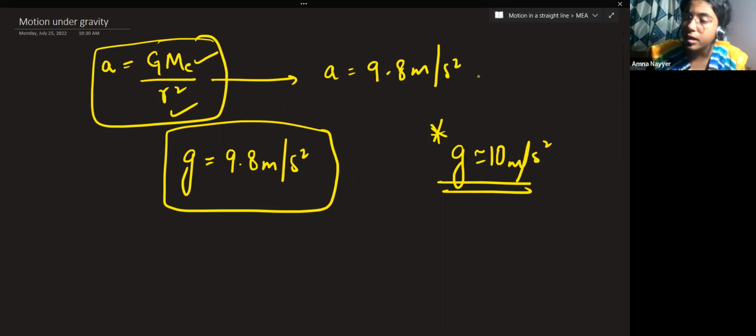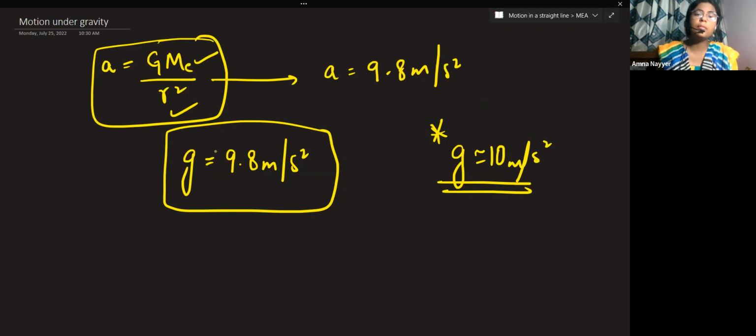Whatever answer you're getting in decimals, fractions, you have to calculate it. Many a times it happens that instead of 9.8, if you write 10, then the calculations are easier. So the question will tell you take g as 10 meter per second square. So things will be mentioned in the question.